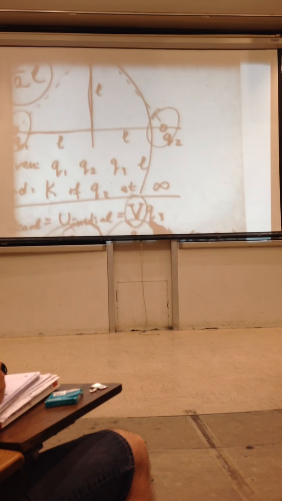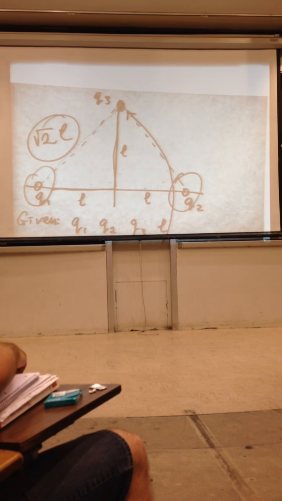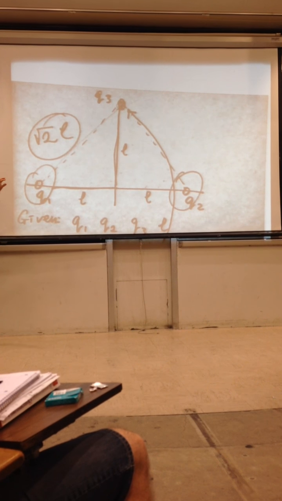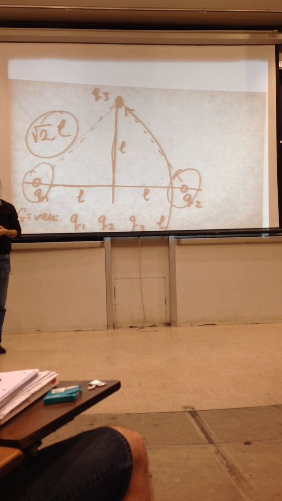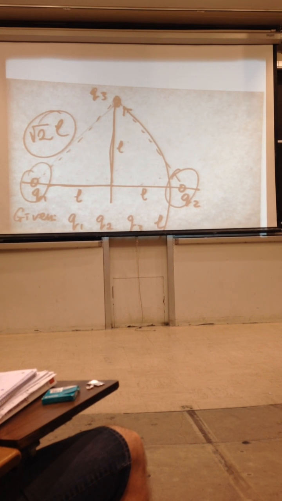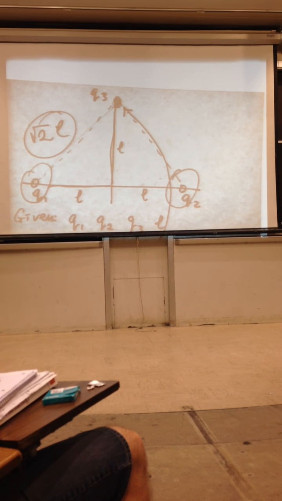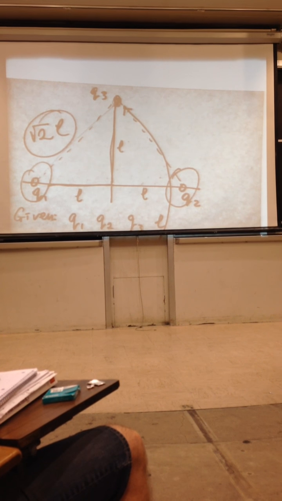This total voltage multiplied by that charge Q3 gives you its initial potential energy, which is totally converted to final kinetic energy. It's the same. Once you find initial potential energy, you are done. Now the same is the final kinetic energy.